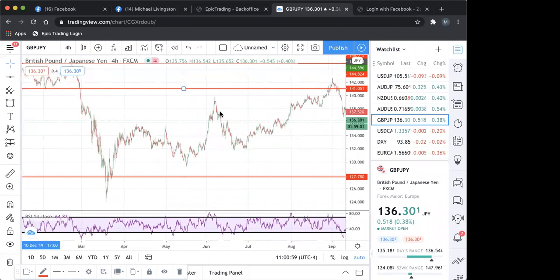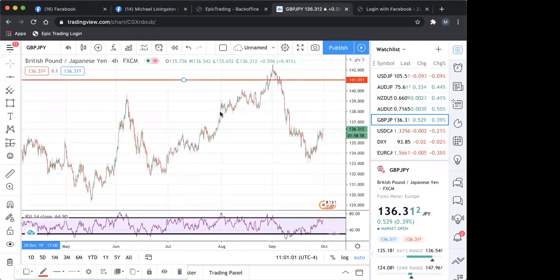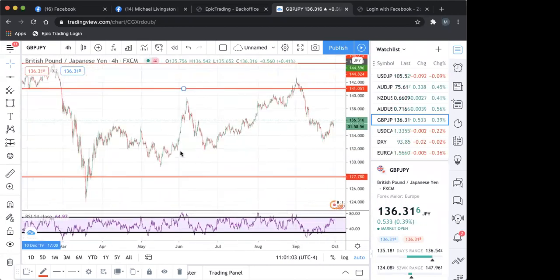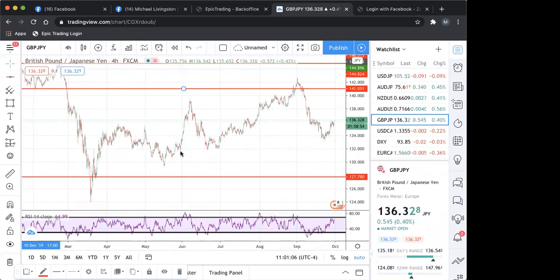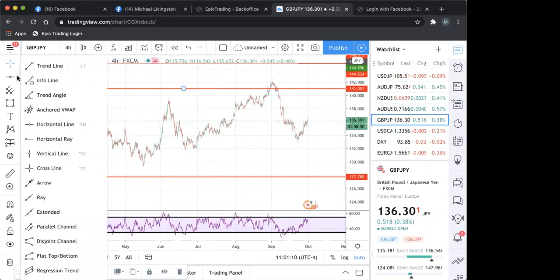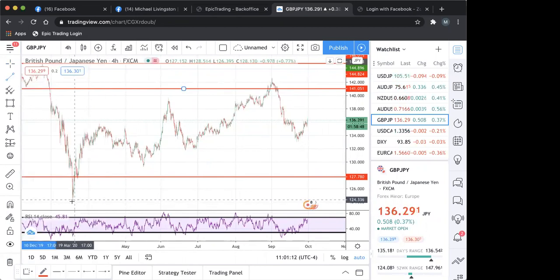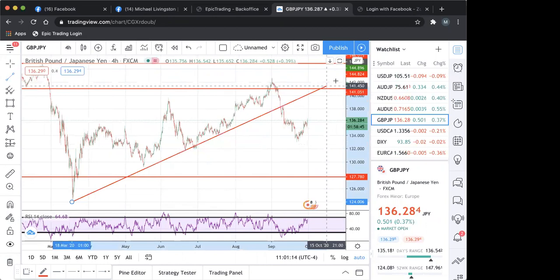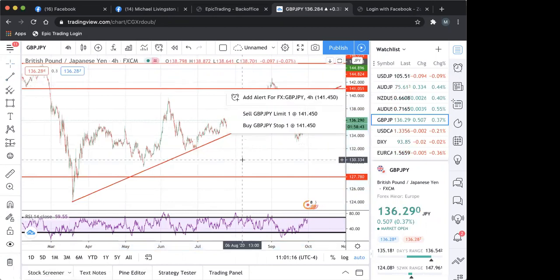So let's look over here real quick and draw up some more support and resistance. Then you also want to see which way the market's trending. If we're looking at the market right here on the 4 hour chart, it was trending up. If we look at the low here and the high here, the market was trending up, right?